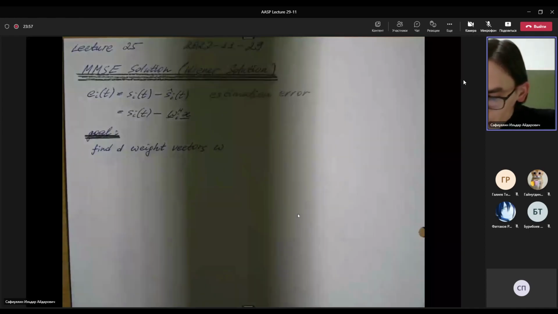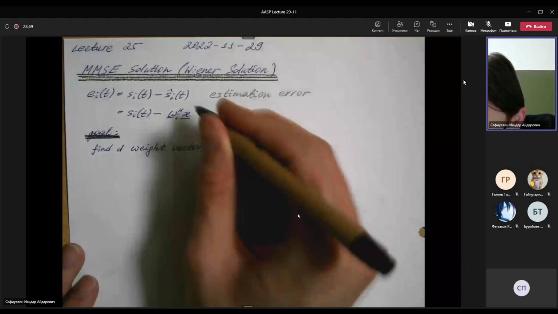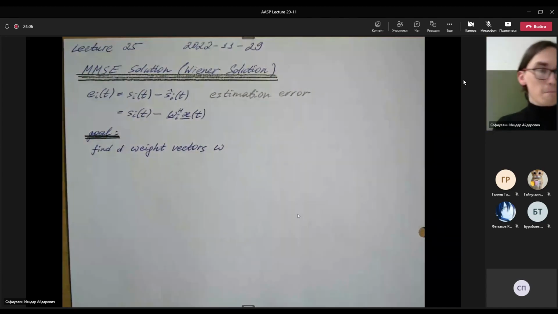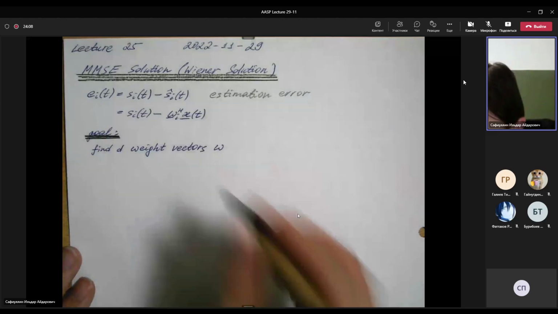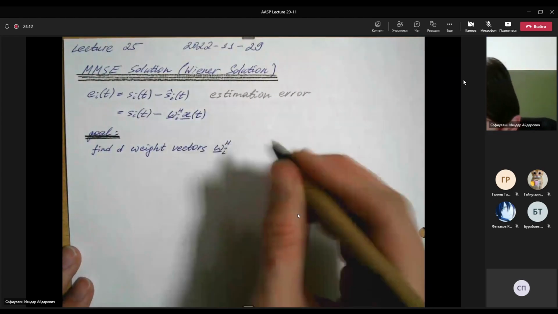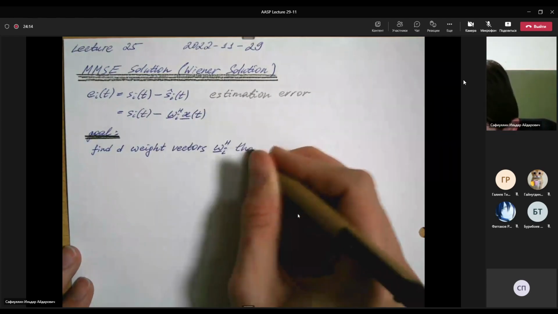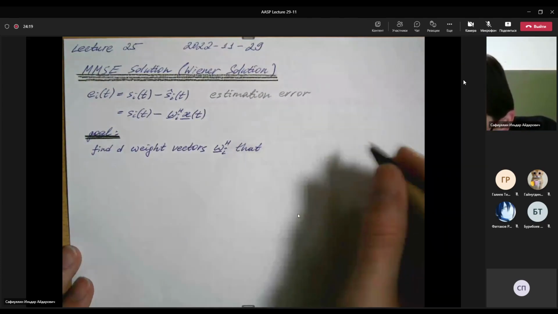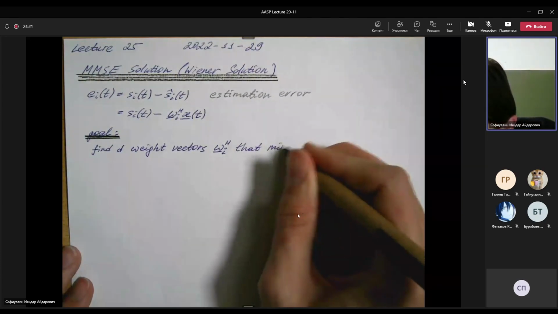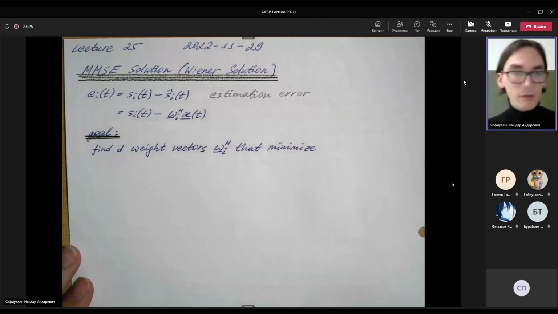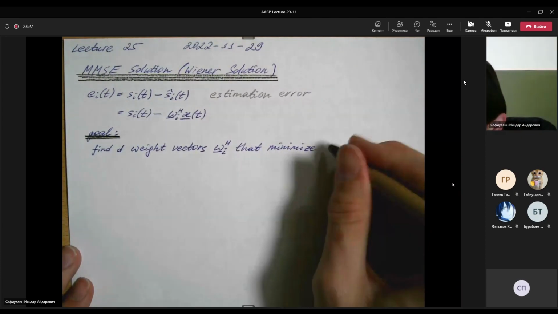And also we can add here for x, but this one for time t. Weight vector omega I Hermitian that minimizes the estimation error.